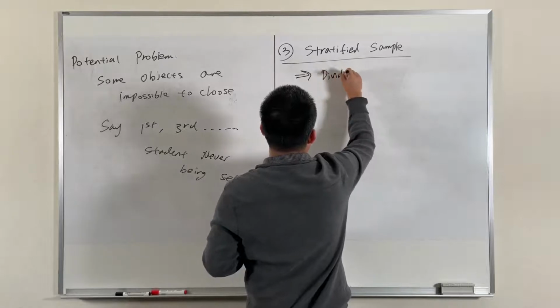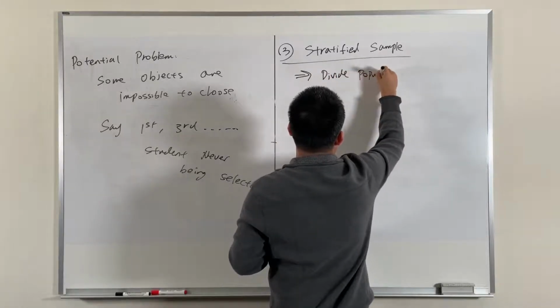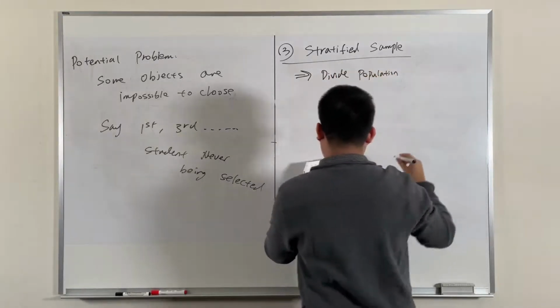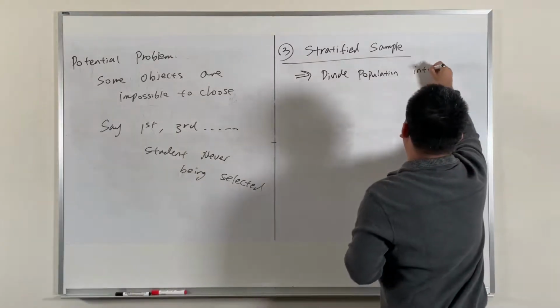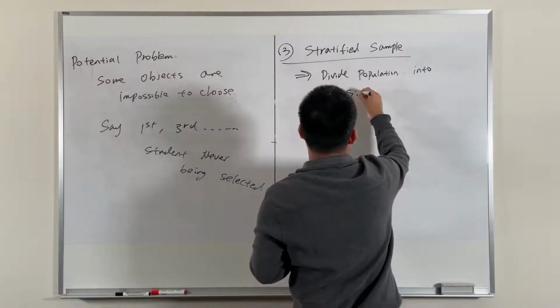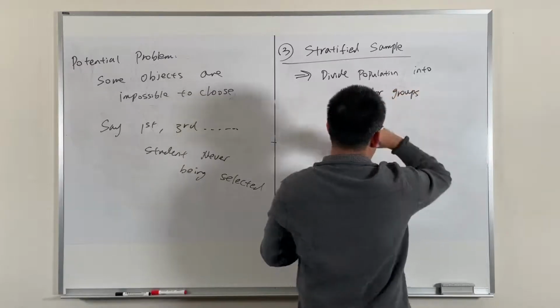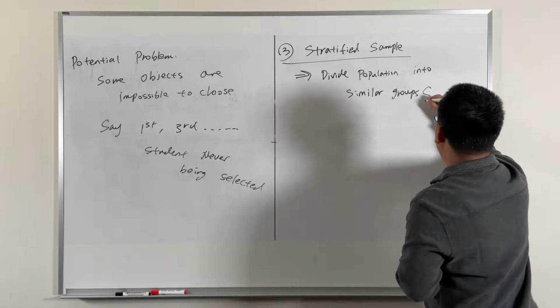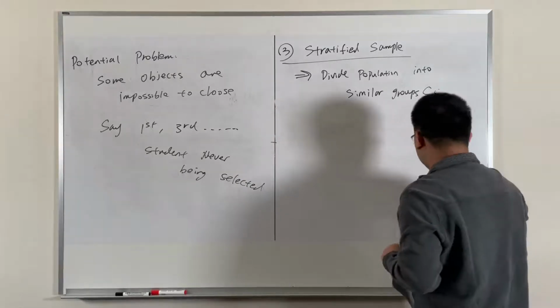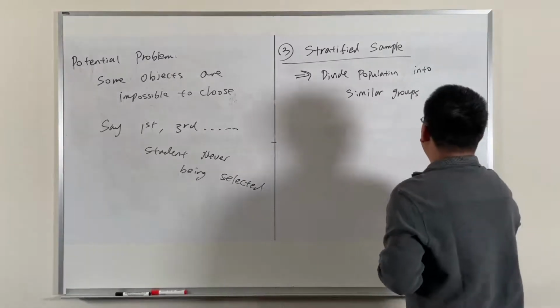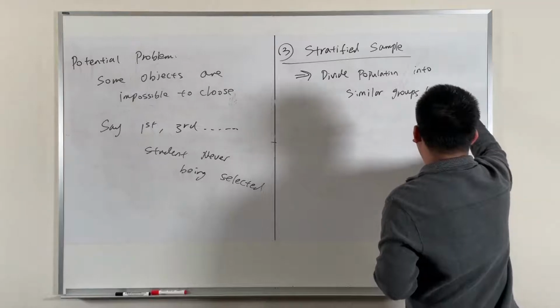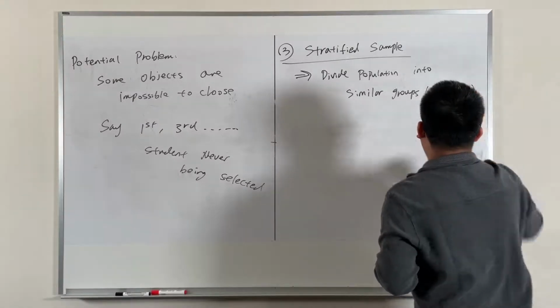Divide our population into similar groups. For the groups, we're going to call them strata.